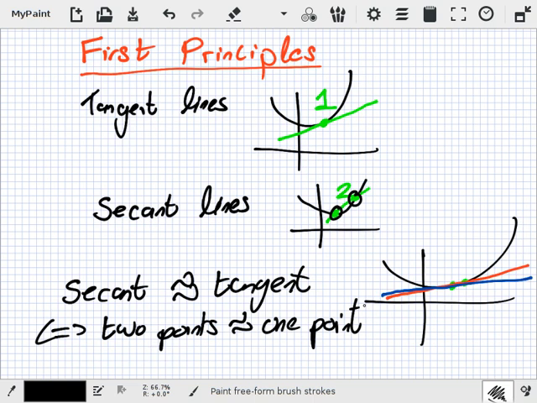I'll just give you a minute to write these little bits of notes down, and then we'll continue. Got that? Yeah, kind of. We're continuing from the previous.